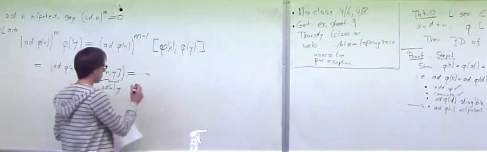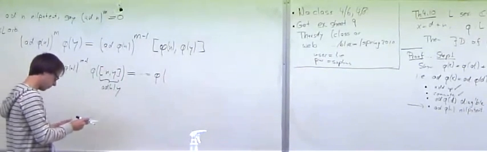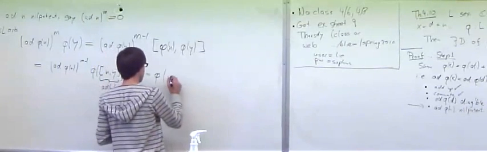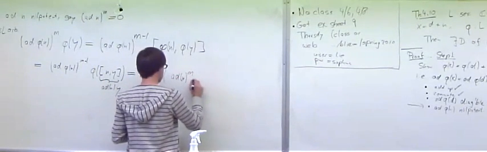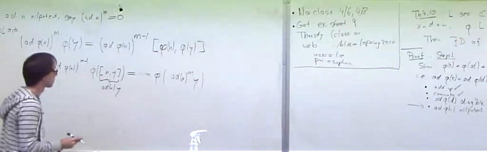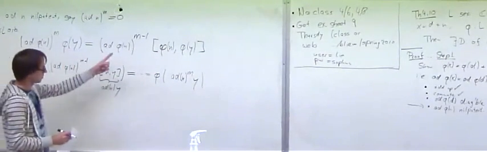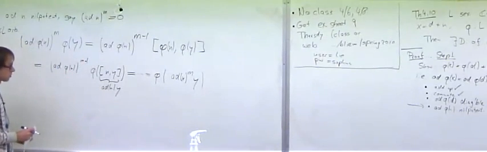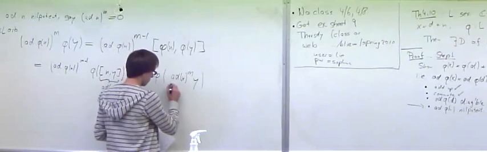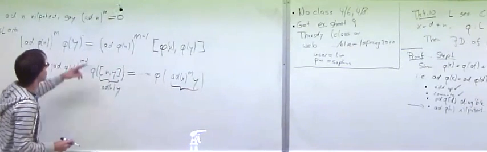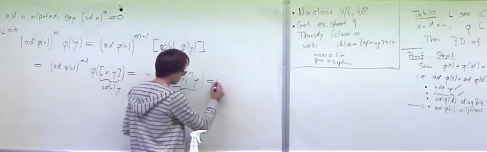So eventually I get phi of ad N to the m applied to y. So this is all the same calculation as here. So formally you would use induction to prove this. And then we assume that this is 0. So this is 0.